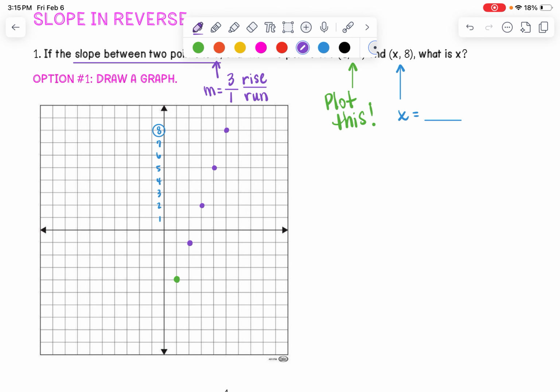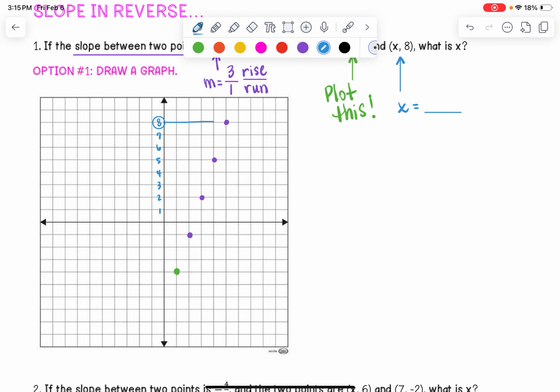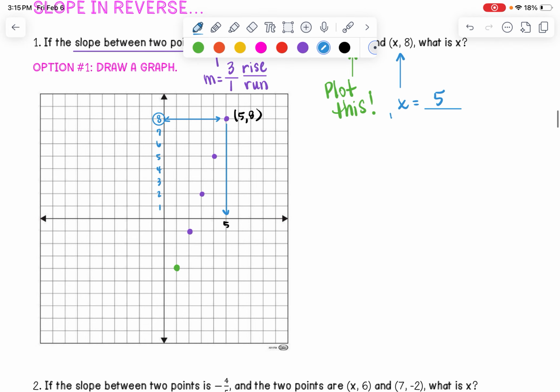All right, so now I have a y value of 8 at that point. So I just really need to know what is the x value at that point. 1, 2, 3, 4. It looks like it's an x value of 5, which makes sense because this is the point (5, 8). And I know it lies on the same line that has that slope of 3. So my answer is x equals 5. And there you have it.